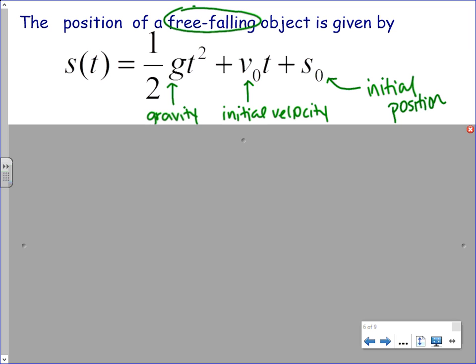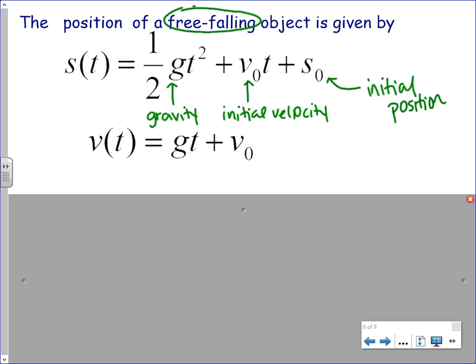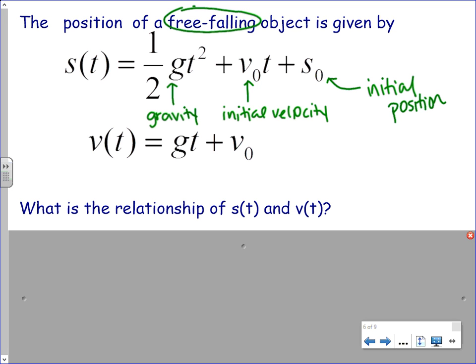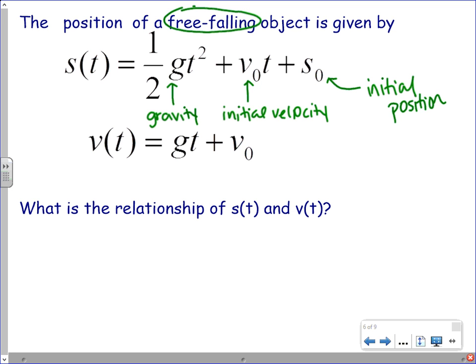Now, go ahead and write down our velocity equation. Notice how we have some familiar letters in there. Can you tell me what the relationship between S and T would be?